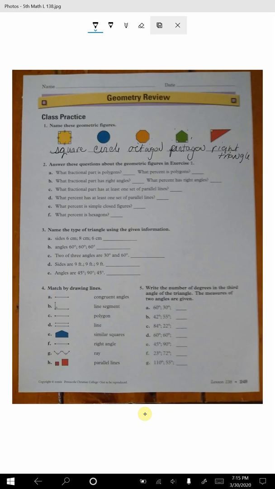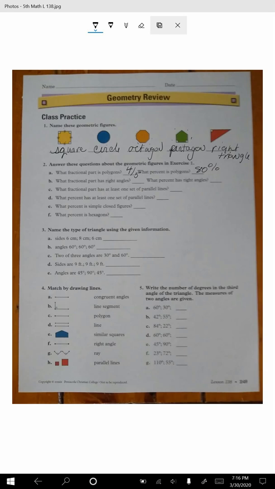Our circle is not made with line segments. So out of the 5 shapes, 4 of them are polygons. So 4/5. What is that as a percent? 1/5 is 20%. 2/5 is 40%. 3/5 is 60%. 4/5 is 80%.